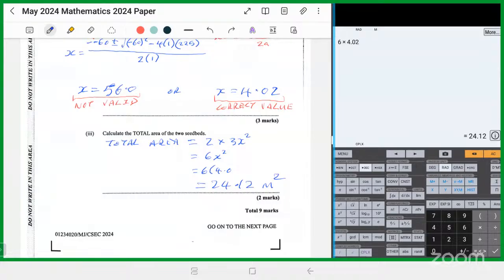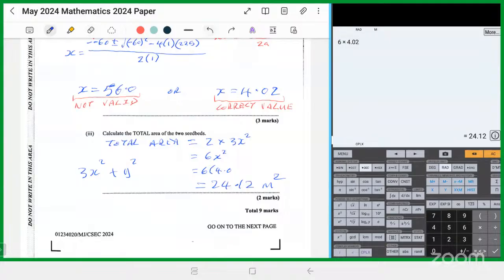But understand why I just did 2 times the area of the rectangular bed? Because if I did the other one, it would have to be 3x squared as the area of the rectangular bed, plus y squared as the area of the square bed. But remember, those 2 things are equal already, so what a waste of time. To do it this way, we would have to put in a value for y.